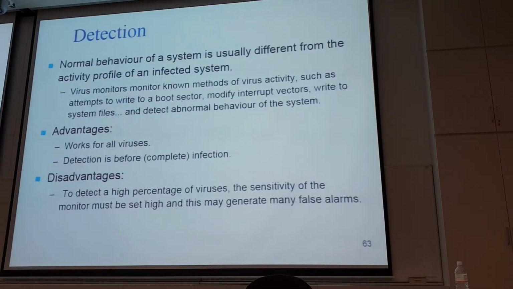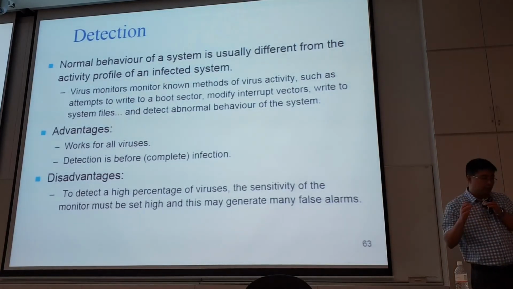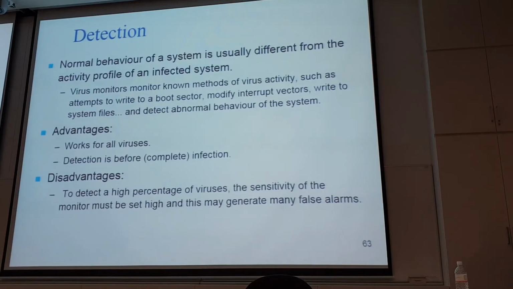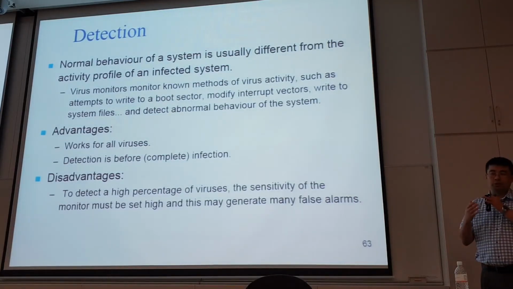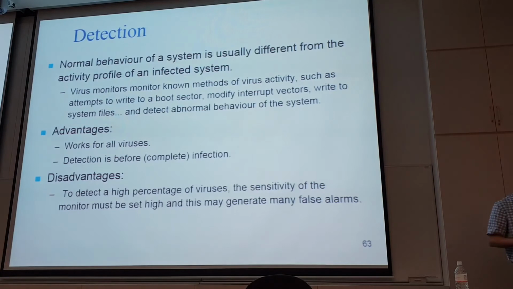So how to detect? In the virus part, we looked at some techniques the virus used to avoid detection, and this kind of technique can be used in Trojan horses or other malware as well. To detect a virus, we can look at different aspects. Of course, the simplest way is to scan a pattern.